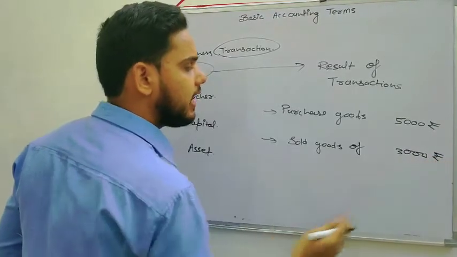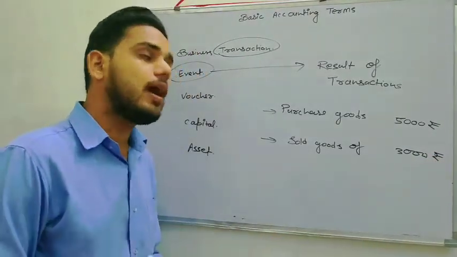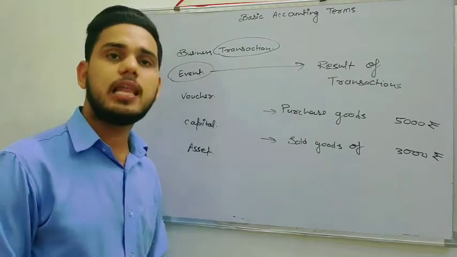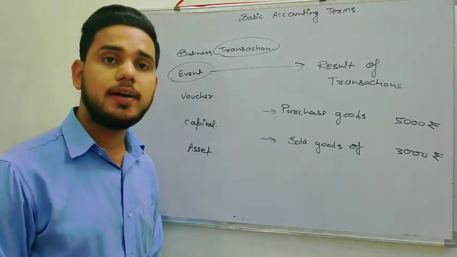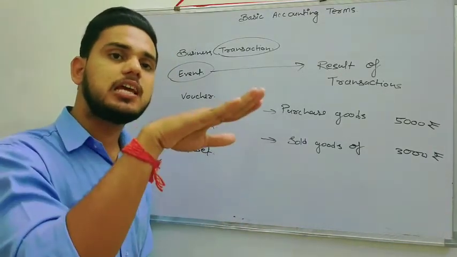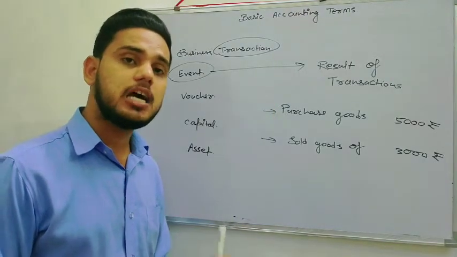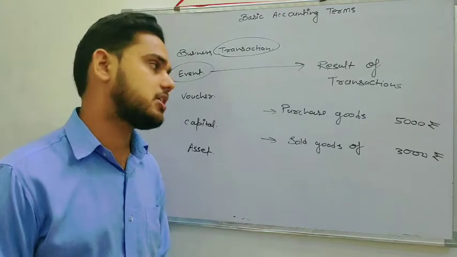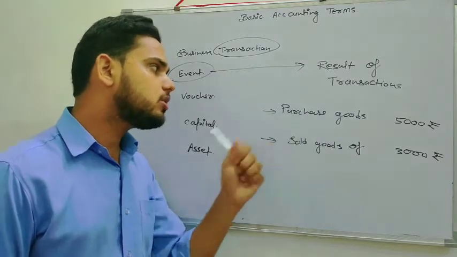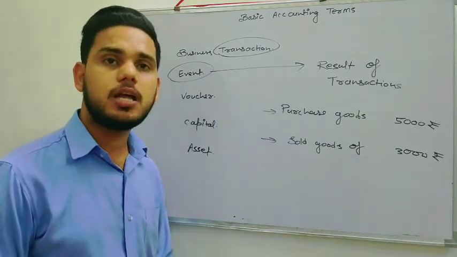Now that is again a transaction. Why so? Because we are selling goods, that will change our assets. Cash will increase and stock will decrease. There is a change in the value of two assets. So we can say that both the activities are transactions.